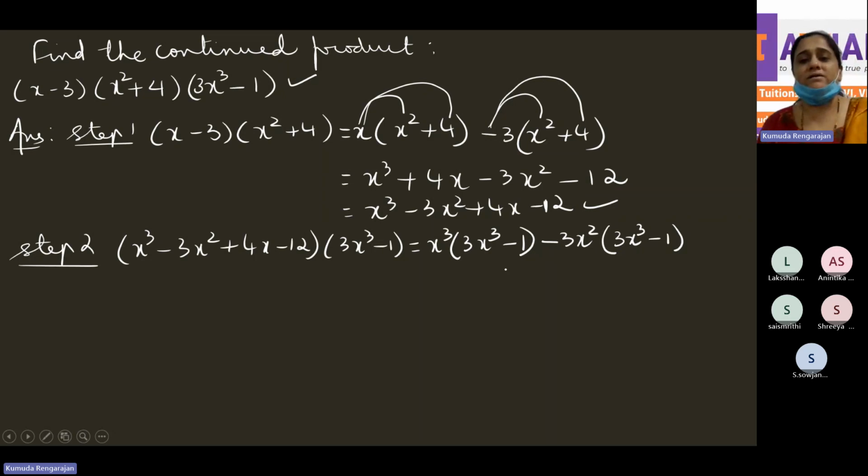Just observe the pattern. Just observe what's happened. x cubed into 3x squared minus 1, then minus 3x squared into 3x cubed minus 1. Then what will be the next thing? Sign. Minus.